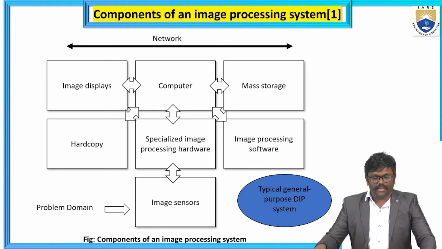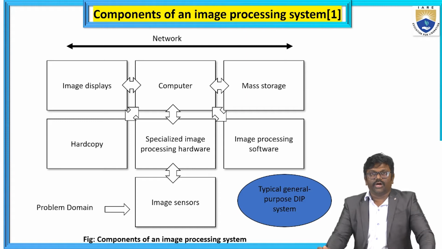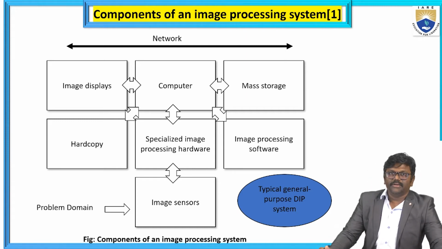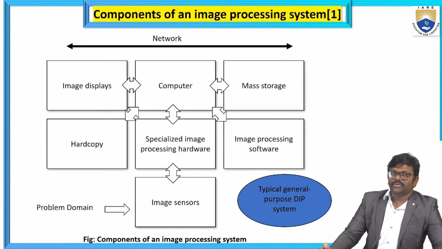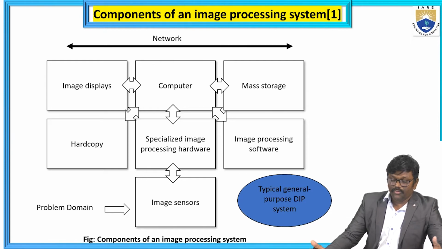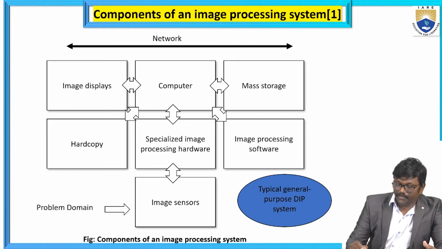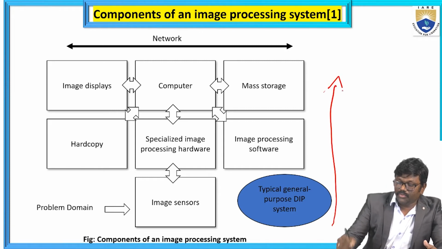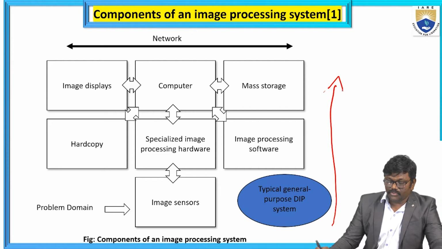You see here, I wanted to show you one by one the components used to develop a digital image processing system. What components are we basically going to use? As all of you know, we'll start to understand from bottom to up. So what is the bottom to up here?